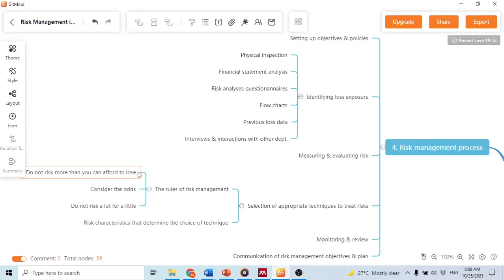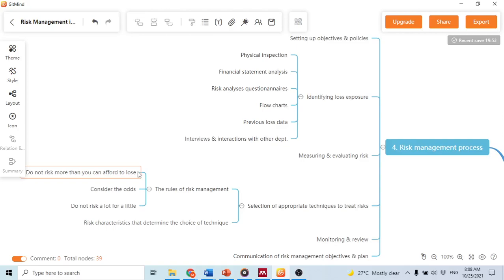And then the second rule of risk management is consider the odds. It suggests that the likelihood or probability of loss may be an important factor in deciding what to do about a particular risk. It provides guidance on those risks that should not be insured.